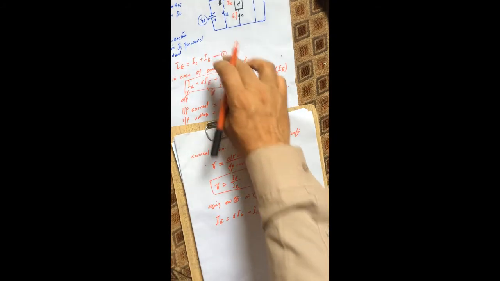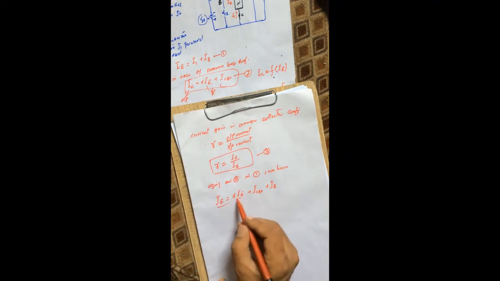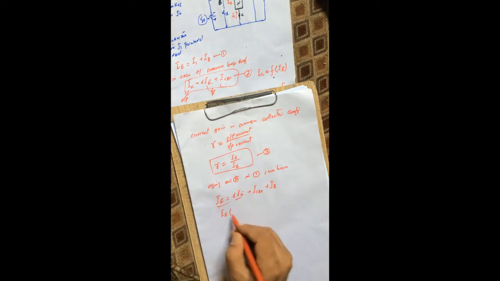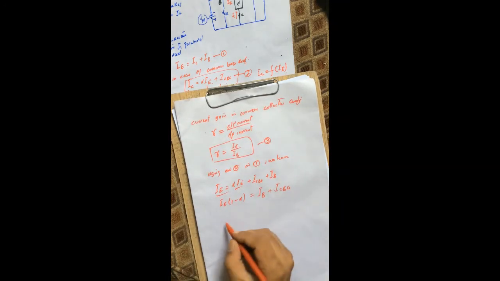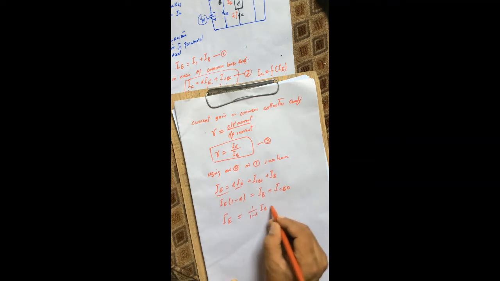So if I put equation 2 in 1, I have this relation. Here we have IE and here we have IB, so I will bring this term to this side. IE is common, so I have IE times 1 minus alpha equal to IB plus ICBO. I can write IE is equal to 1 over 1 minus alpha times IB plus 1 over 1 minus alpha times ICBO.